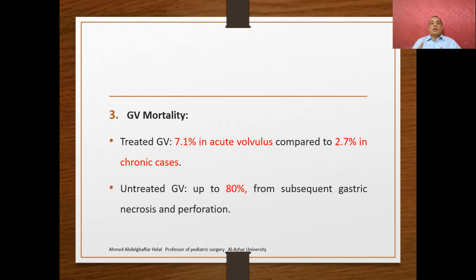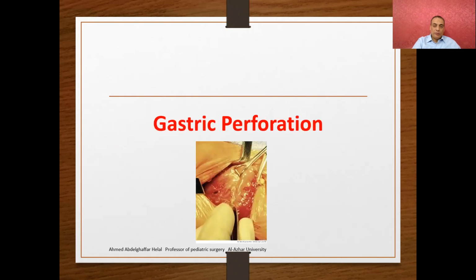With gastric perforation and necrosis, a huge amount of toxic material is absorbed into the systemic circulation, causing sepsis and multi-organ failure. Plus the already present compression on the diaphragm, severe respiratory distress may finally lead to death. So this is the first item today, gastric volvulus, very important.